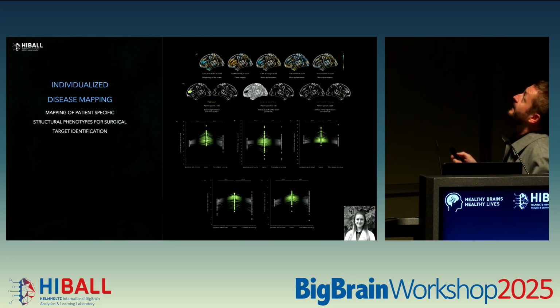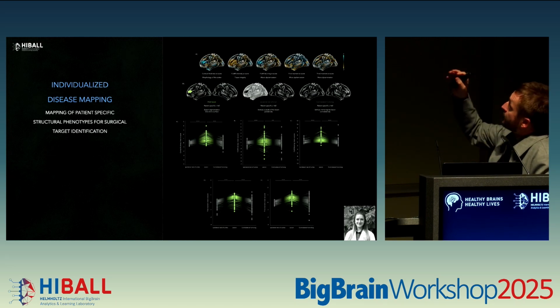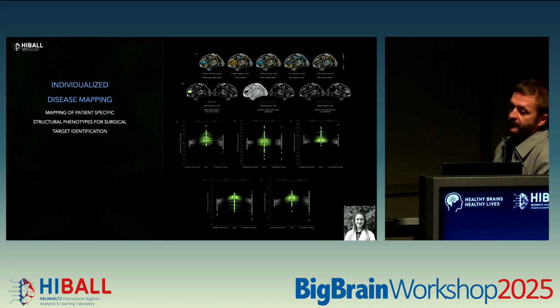So there's cortical thickening, there's cortical intensity blurring, and there's also some microarchitecture-inspired features like the intracortical moments from cortical layering.